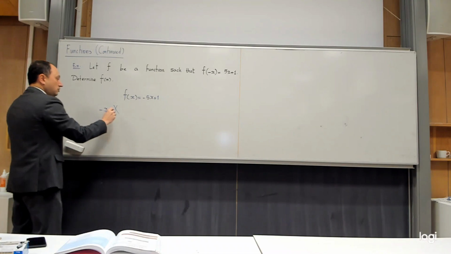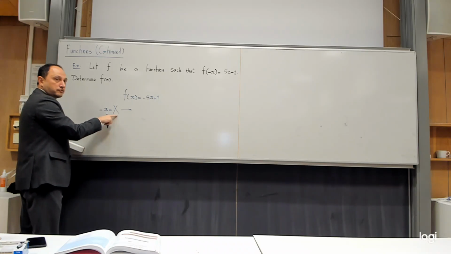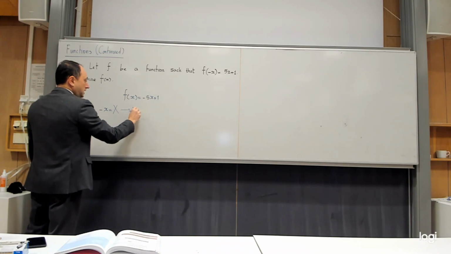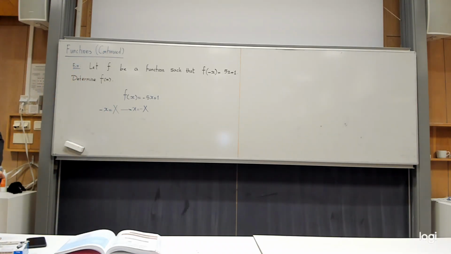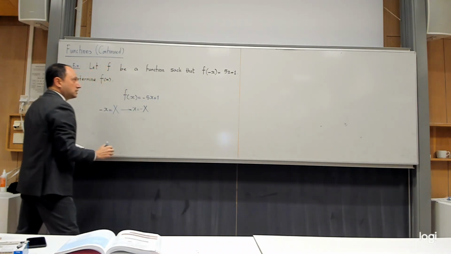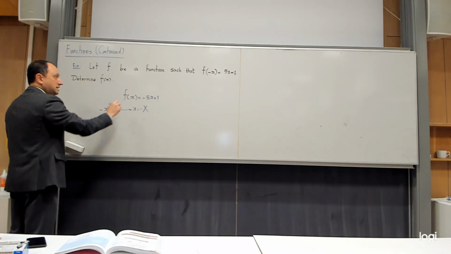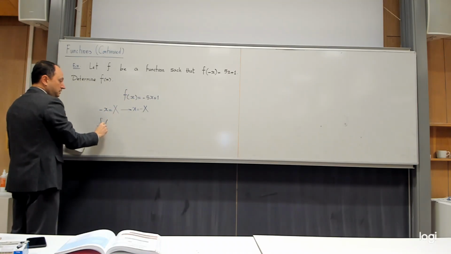Okay, and then try to find the old variable in terms of your new introduced variable. So here x becomes negative x if I multiply both sides by a negative sign. And then I need to put them back here in this equation. So now I rewrite the same equation, but instead of negative x, I put capital X.